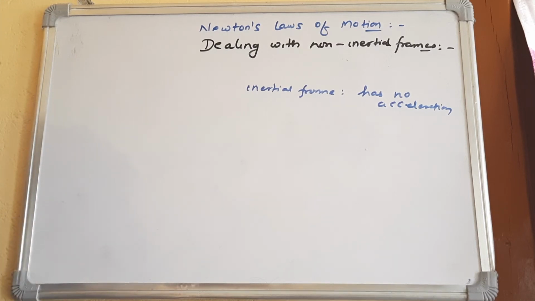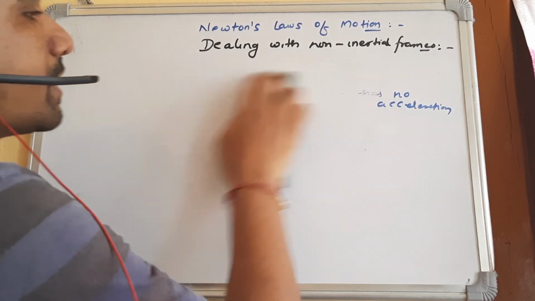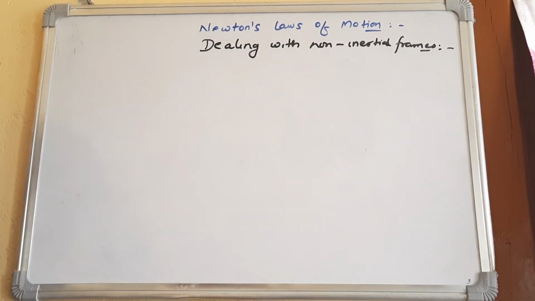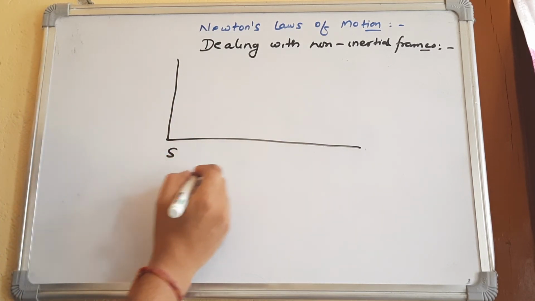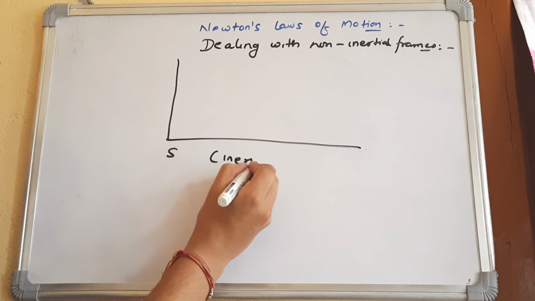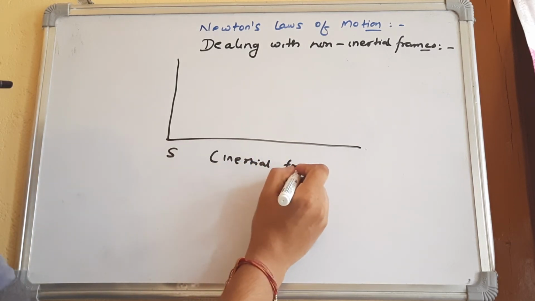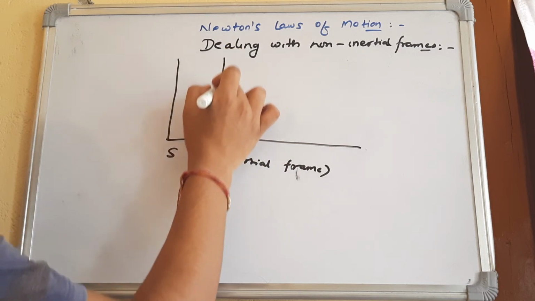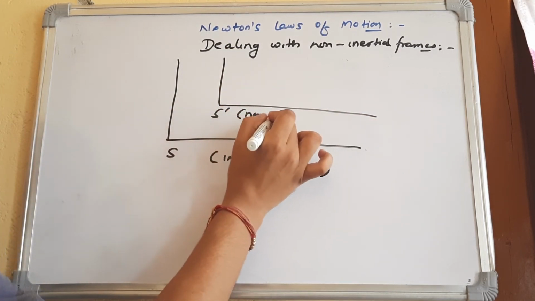And now we will discuss how we can deal with a problem in a non-inertial frame by taking that into account. So let's say we have two frames, right? Let's say this S is an inertial frame. And this is S dash, which is a non-inertial frame.